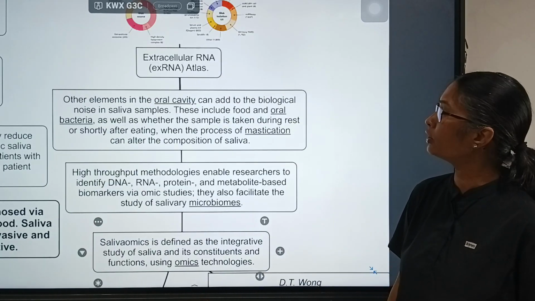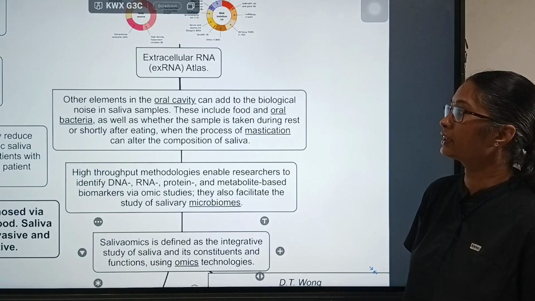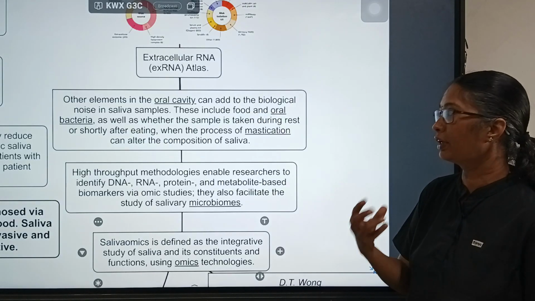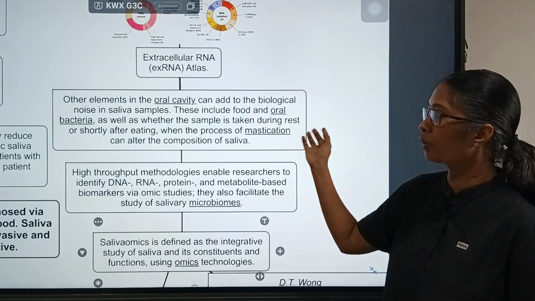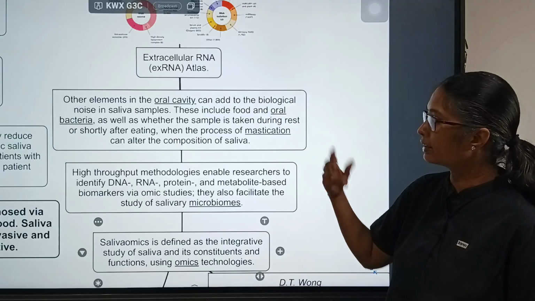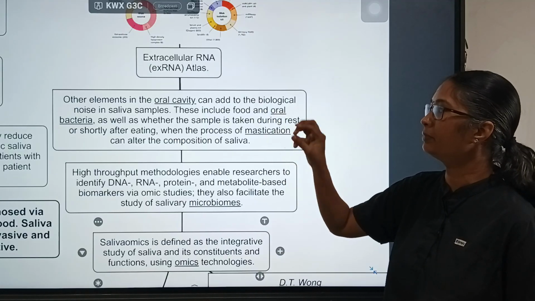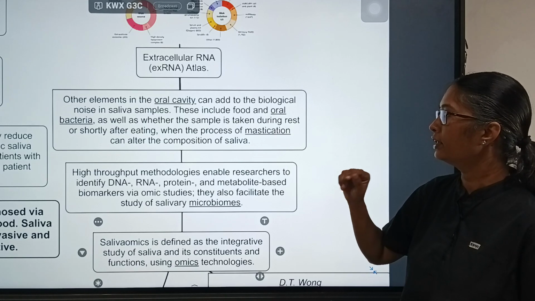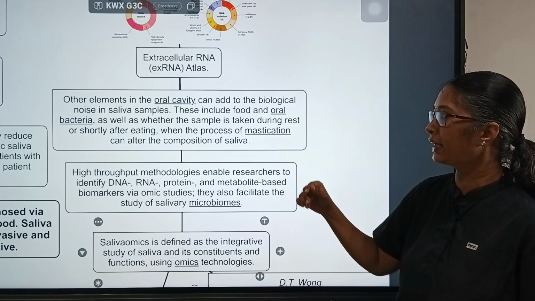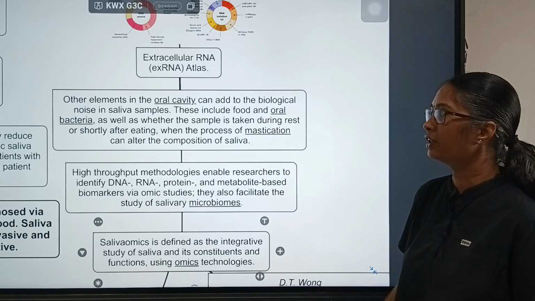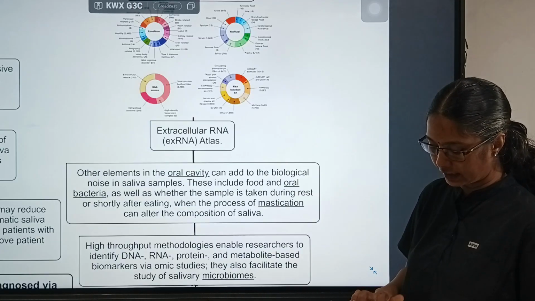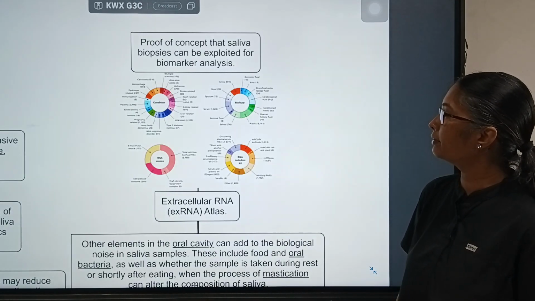So other elements in the oral cavity can add to the biological noise in the saliva sample. So we know that saliva is collected from the oral cavity which has food, oral bacteria and other things which can make some disturbance in the salivary biomarker detection. So the process of mastication can alter the composition of saliva as well. So this is the drawback in the Salivaomics when we take only saliva as the main component.